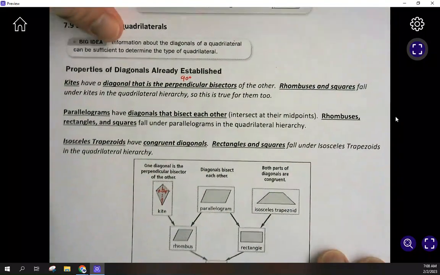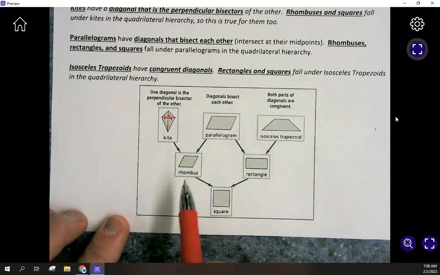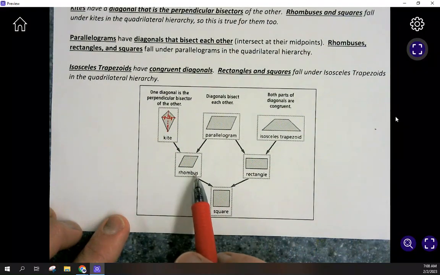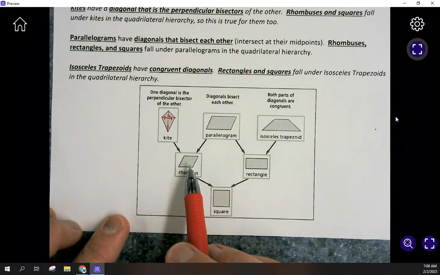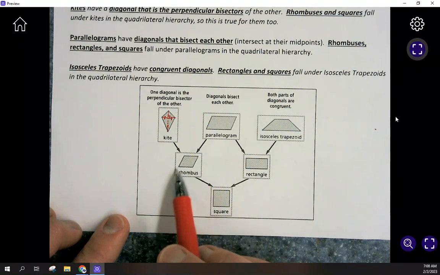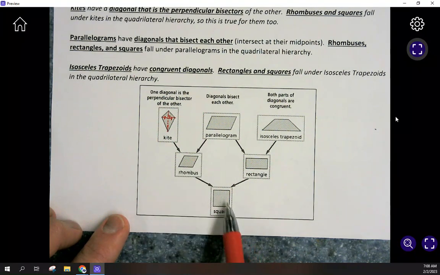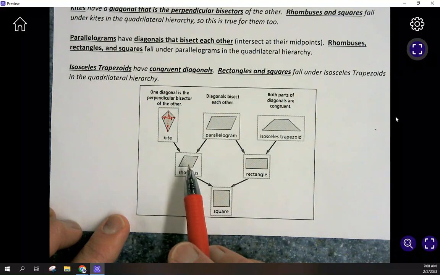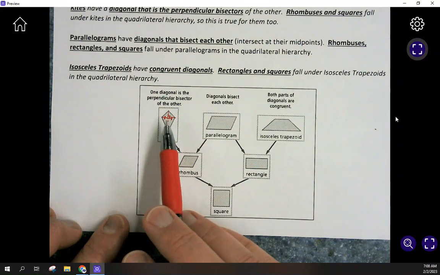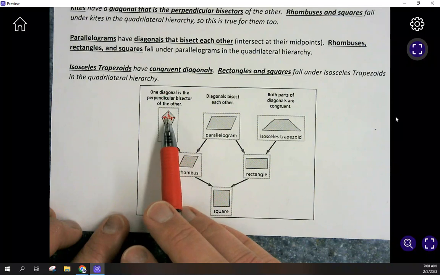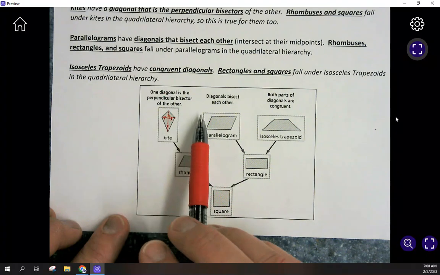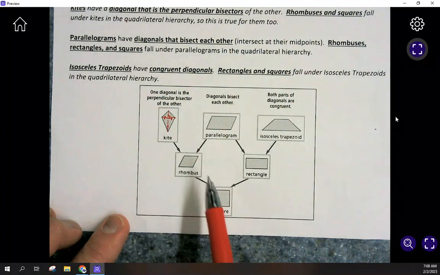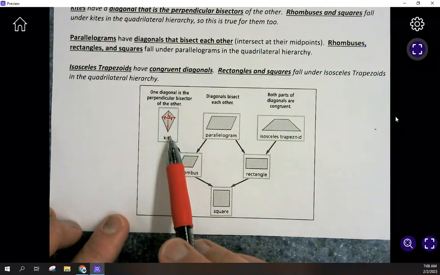Now, what's special about a rhombus and a square compared to a kite is actually that both of them are the perpendicular bisectors, and we've talked about that for a rhombus. They're both going to cut each other in half, and it's going to hit at 90 degrees. Same thing for a square, and that follows true because they're underneath the kite, but the kite just has to have one side that gets bisected, and they hit at 90 degrees. Okay, but these fall under those same properties as a kite.